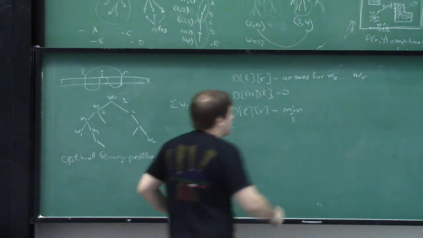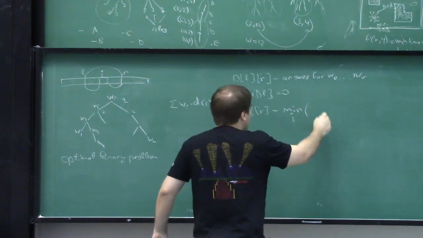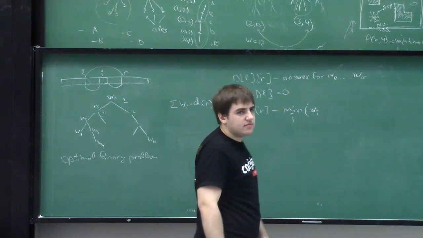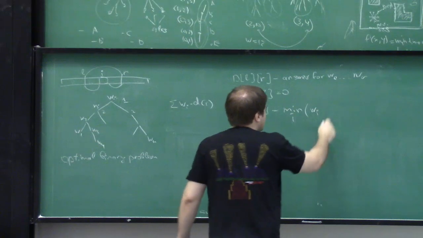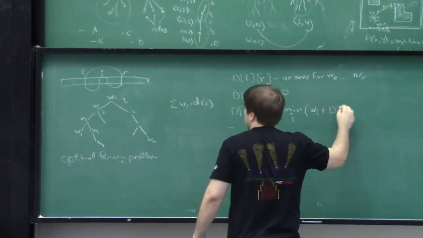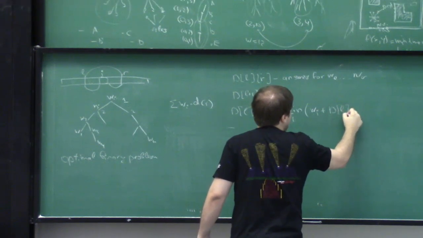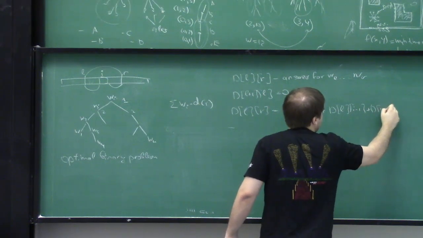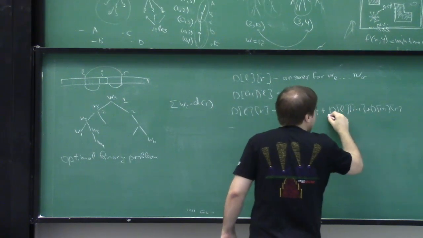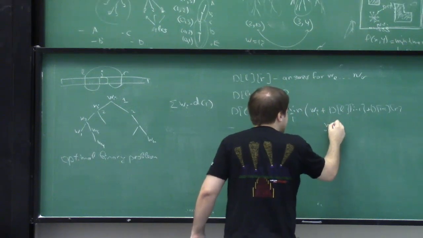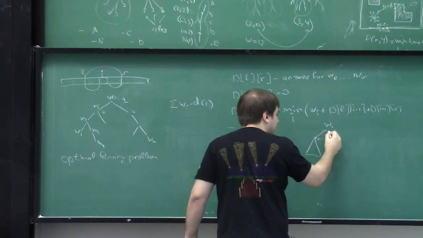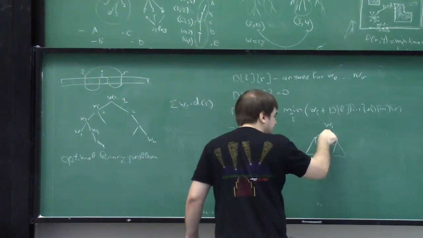The weight of such a scheme will be wi as the weight of the root plus the answer from L to i minus 1 plus the answer from i plus 1 to R. But those answers do not consider the fact that the depths are calculated not from this place, but from this.